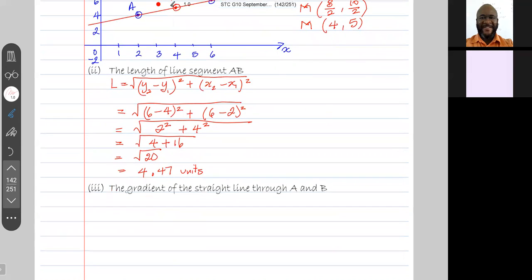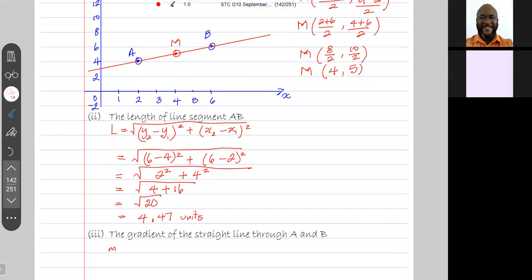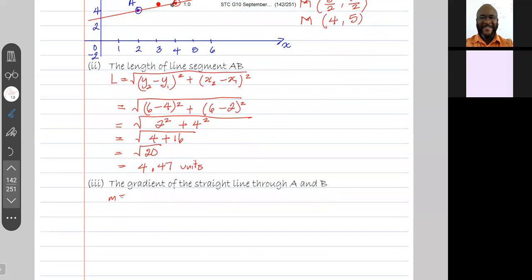Next, we're asked to calculate the gradient of the line. Because the line is sloping up, the gradient of the line is positive. So M, the gradient, is (y2 minus y1) over (x2 minus x1).